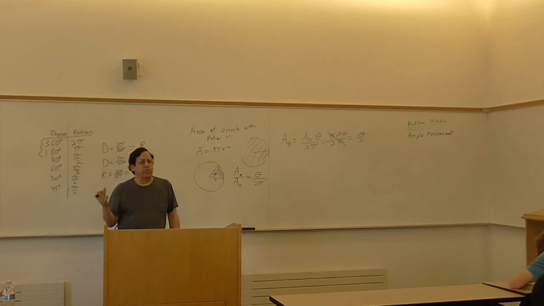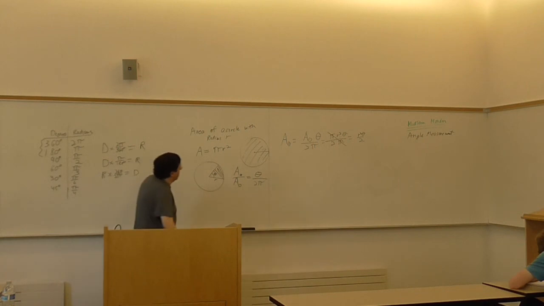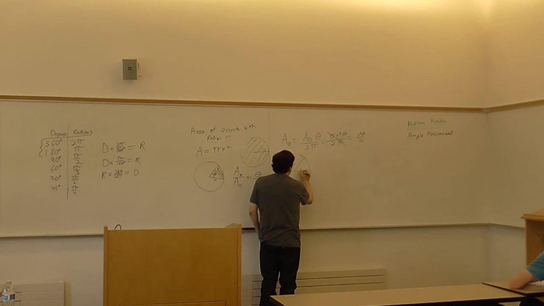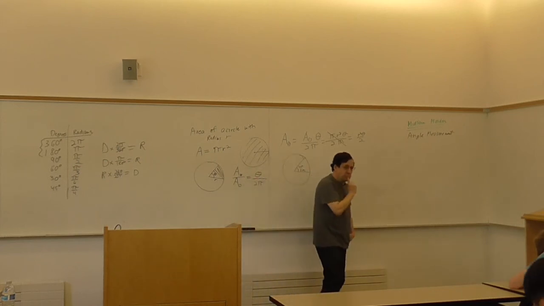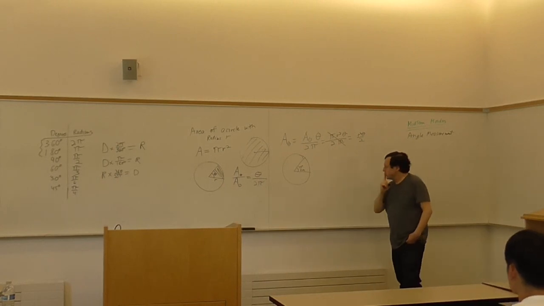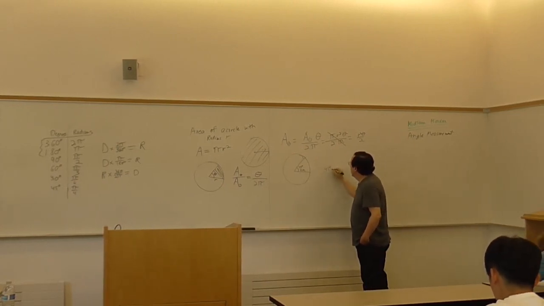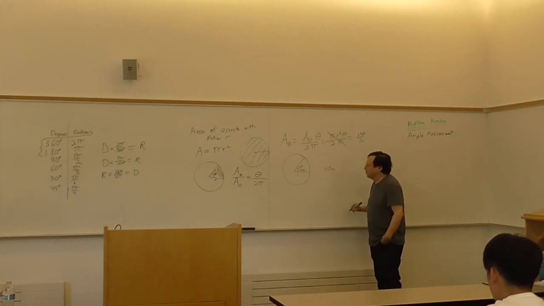Let's just do one example and call it a day here. I have a sector. My circle has radius 3 meters, and my angle is 45 degrees. Well, 45 degrees is what in radians?